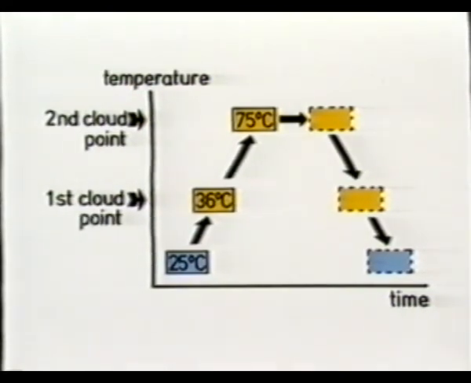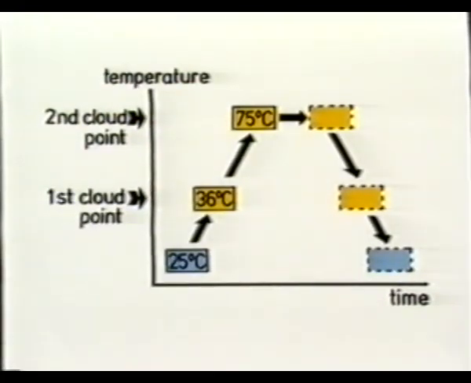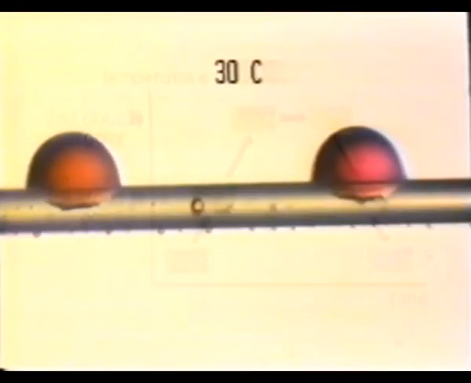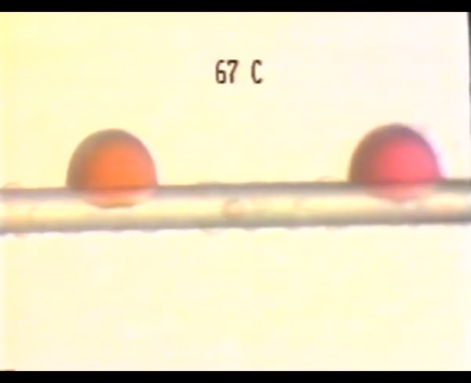When the temperature drops below the cloud point, the non-ionic dissolves again in the water and the oil is removed from the textile. So, during heating, the non-ionic precipitates on the fibre.